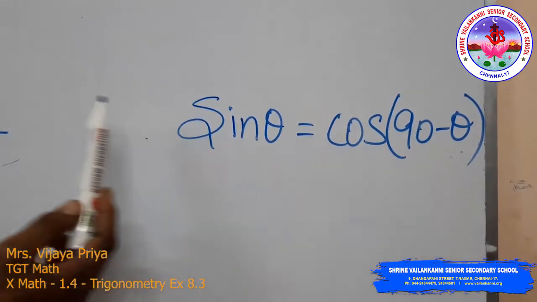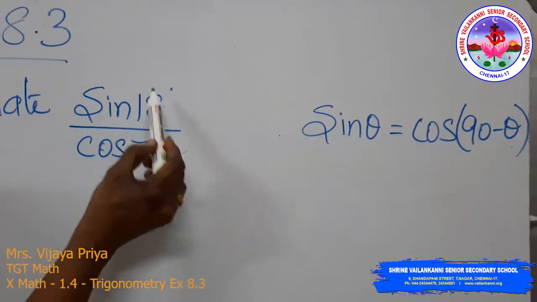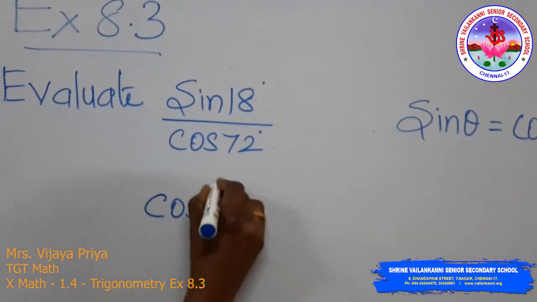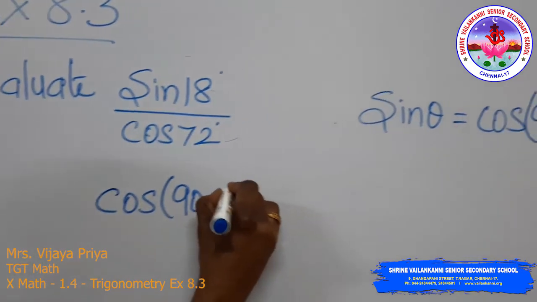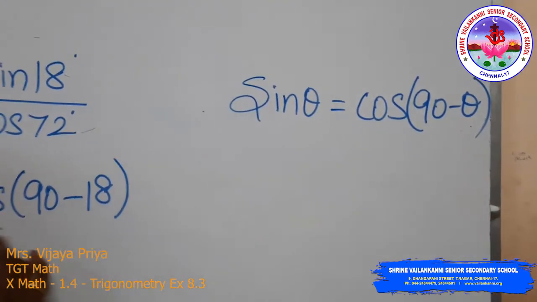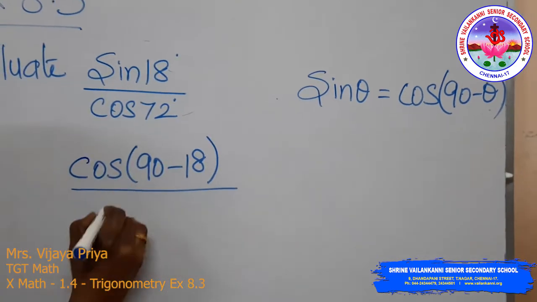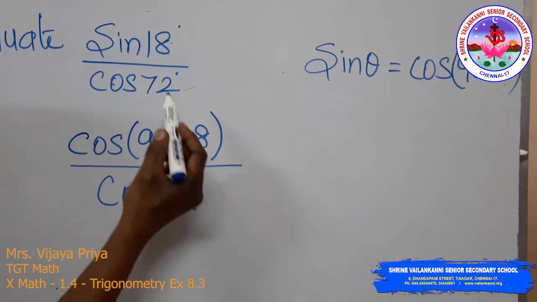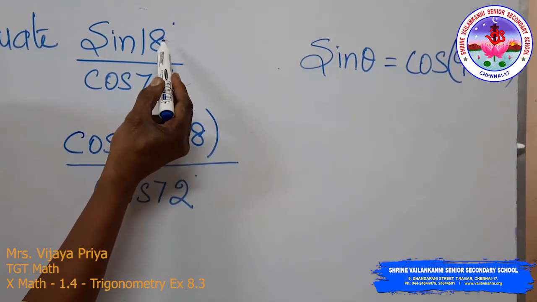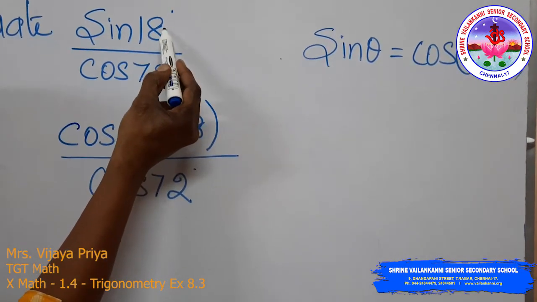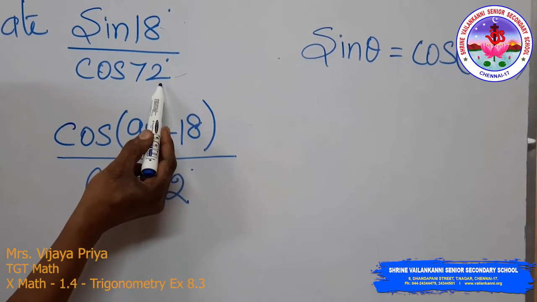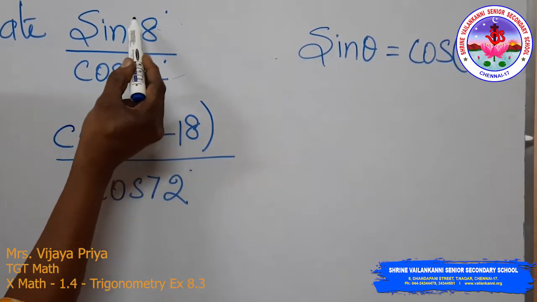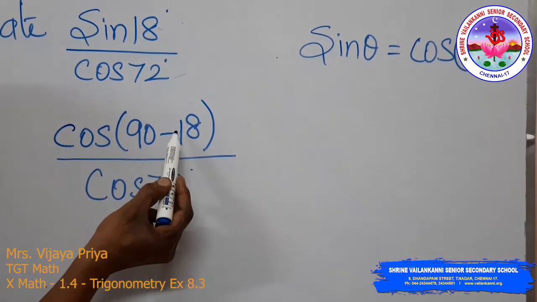So I am going to write my sin 18 as cos of 90 minus 18 divided by cos 72, where you have to change any one case here, either numerator or denominator. So in this problem, I have just changed my sin 18 to the complementary function.